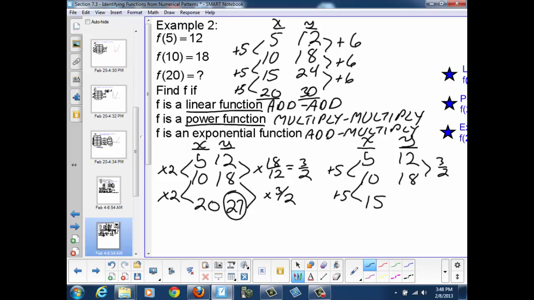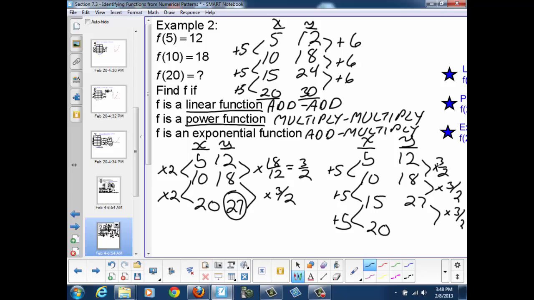And if I multiply by 3/2, I end up with 27. Now I need to add 5 again to get 20, and I need to multiply 27 by 3/2.